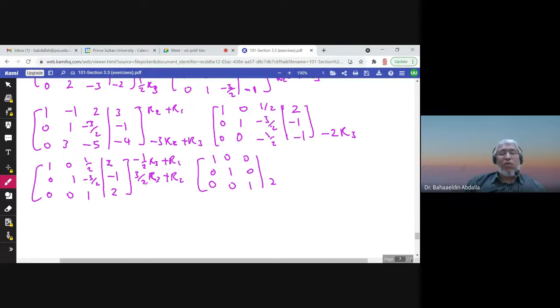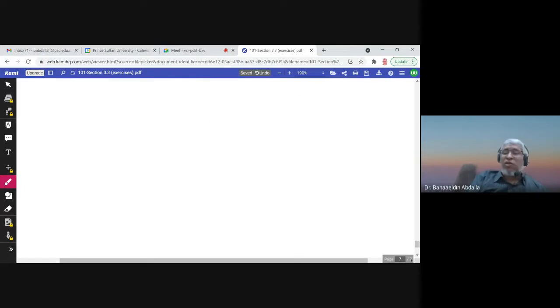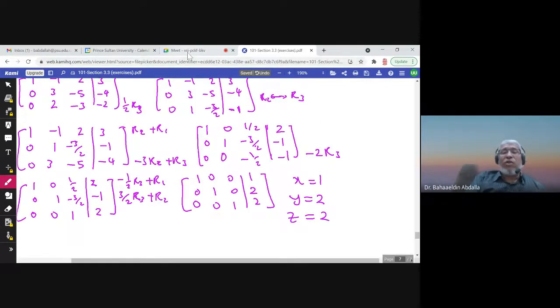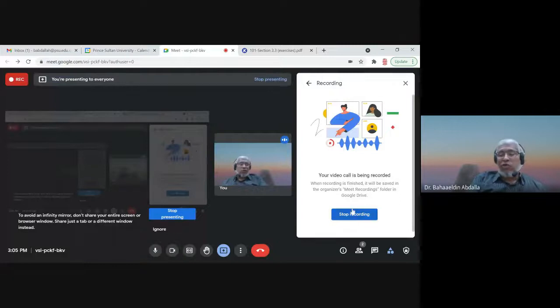Now 3 over 2 times 2 would be 3 minus 1, that's 2. And negative half times 2 is negative 1 plus 2, that's 1. So x is 1, y is 2, z is 2, and that's the last example. I hope you enjoyed solving with Gauss and Jordan elimination.